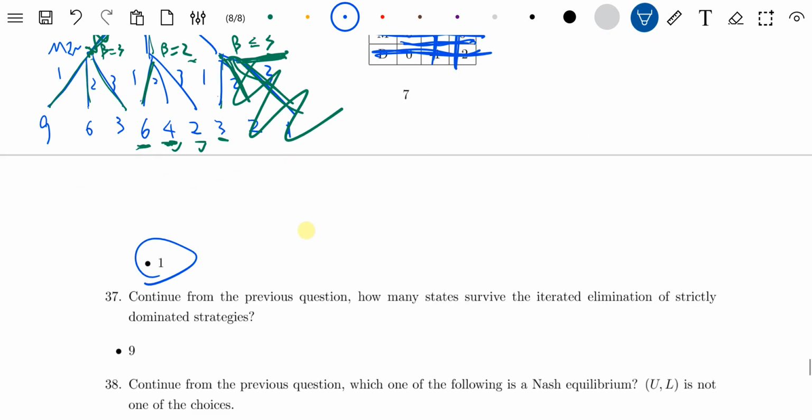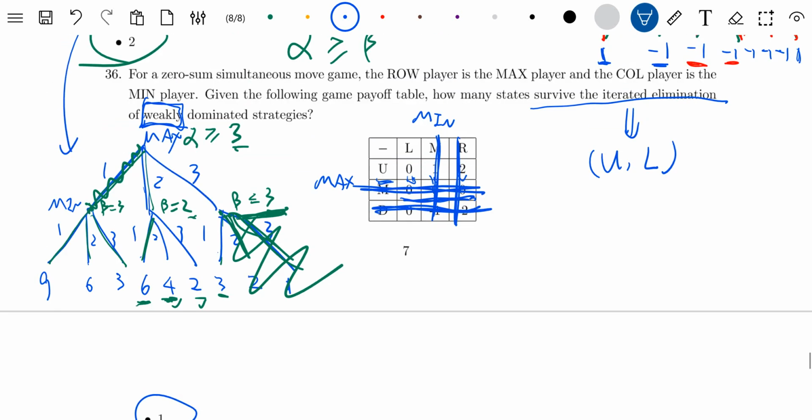And it's asking for strictly dominated strategies. Let's erase all of them. And if you look at the rows, then there won't be any row that strictly dominates another because all of them here are 0. So there's no way one thing is strictly larger than another. None of them are strictly dominated.